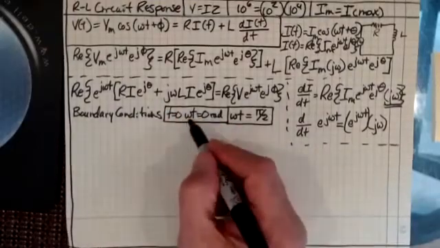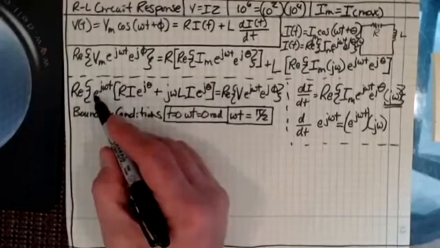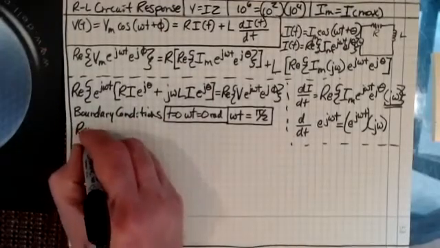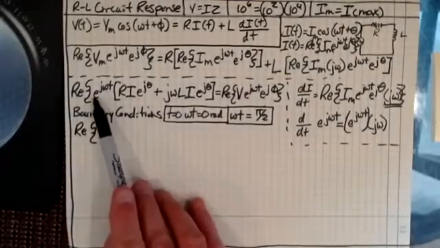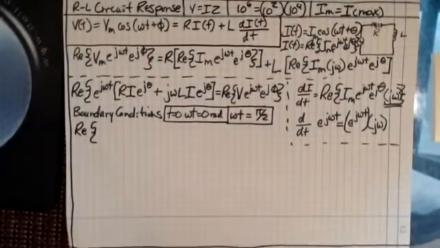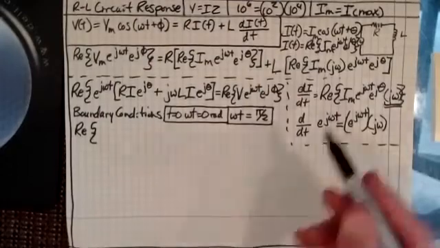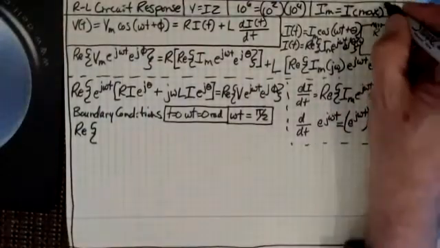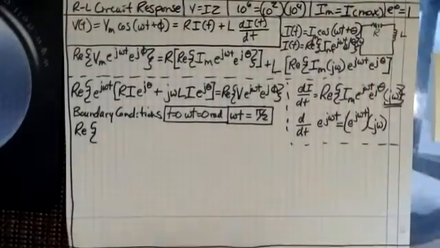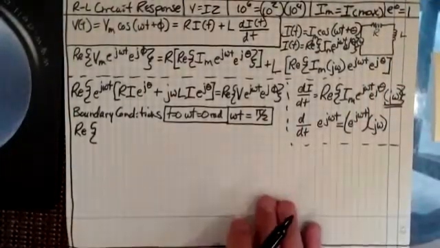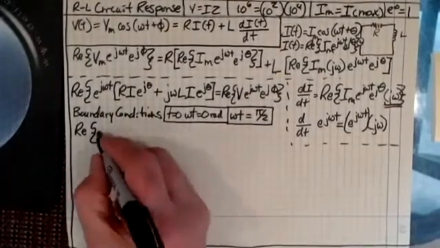So the first thing is omega t equals 0. Well, let's take this. So that would be the real. And then omega t equals 0, so that'd be e to the 0. What is e to the 0? E to the 0 is 1. Anything to the 0 equals 1, doesn't it? So e to the 0 equals 1.